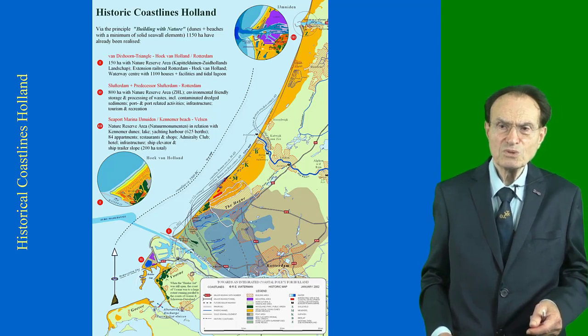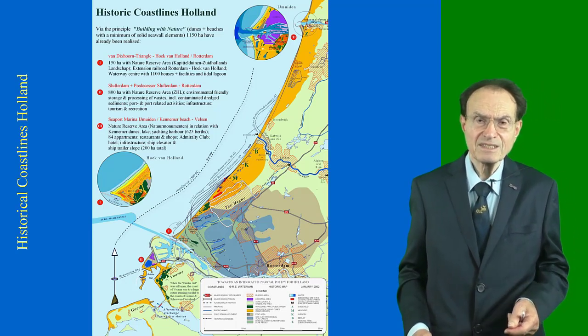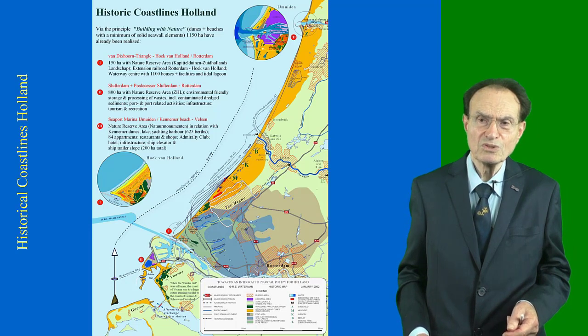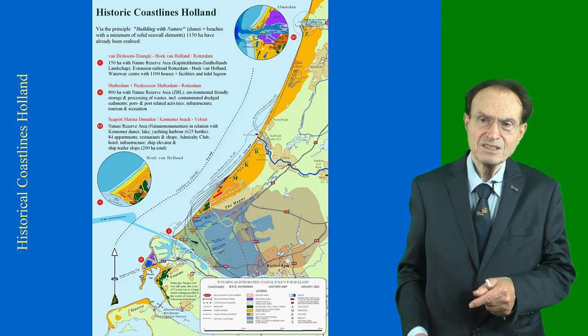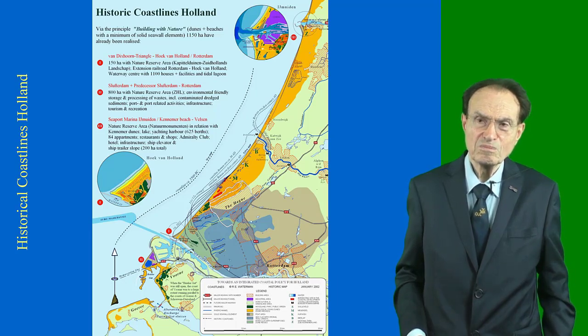And now we can use this extended northern harbour mole on the northern side to create a hollow coastline in addition to the present hollow coast of Rhineland.